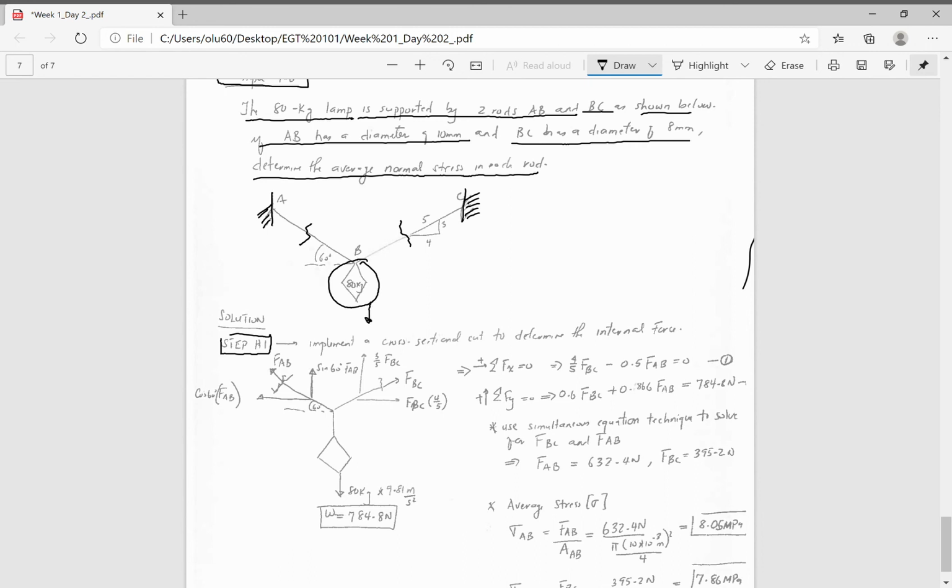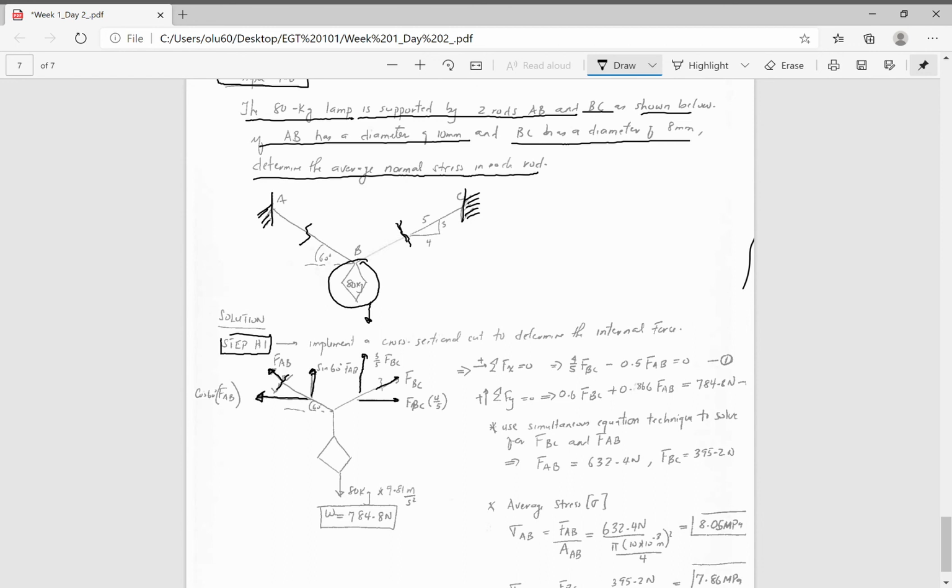It's pulling down on rods AB and BC. So what's going on internally? We can do a cross-sectional cut, as we've been doing before in the method of joints, and then find the forces in the x direction and the y direction for each wire.